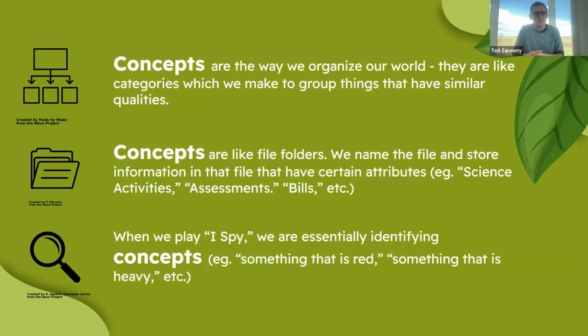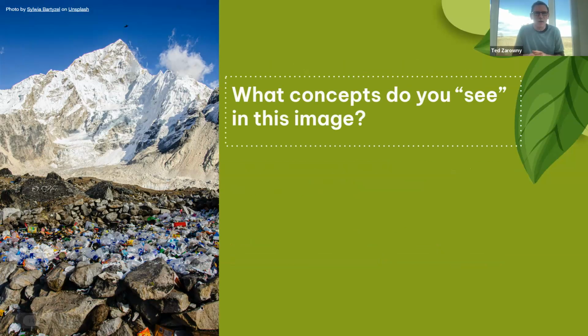When we play I Spy, for example, we're really picking up concepts with a single attribute. It could be something that's red or big or round, but what we're really doing when we're playing I Spy is identifying something in the room that's an example of a larger concept. So concepts, because they're transferable, we can use them and see them in different things when we use them as a lens.